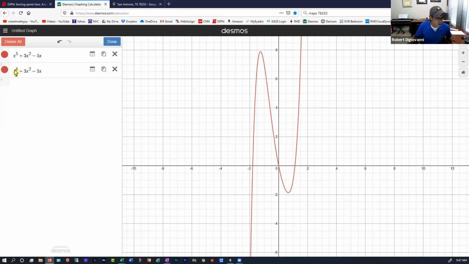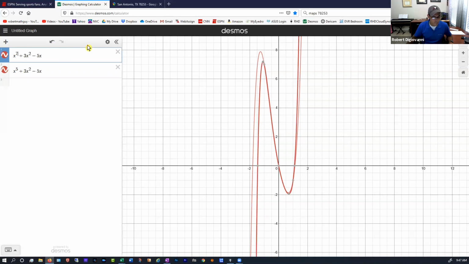Here's what I'll do. I'm going to make a copy of this. The first one we did was x to the 7th. Let's do that one in blue. So the blue one and the reddish one are different, right? But don't they have the same basic shape? Let me try it again.